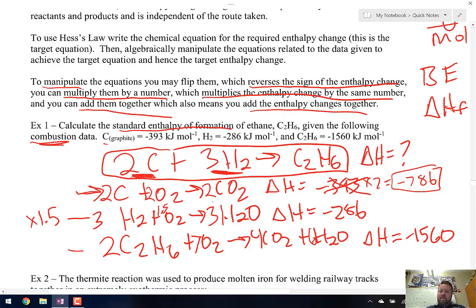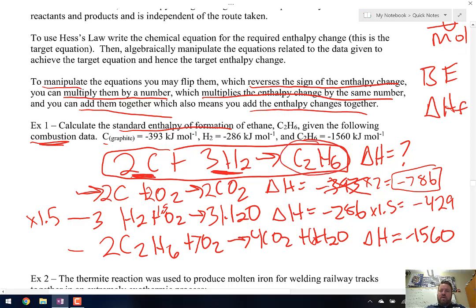Now I have to take 286 and also multiply it by 1.5. I believe 286 times 1.5 is negative 429. Actually, I'm not sure. Let me make sure. 286 times 1.5. Yeah, 429.